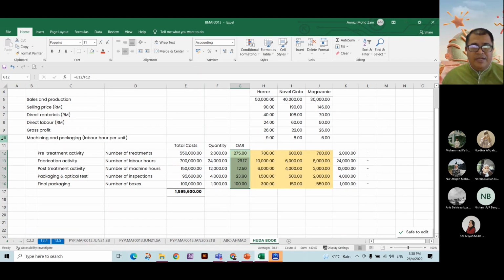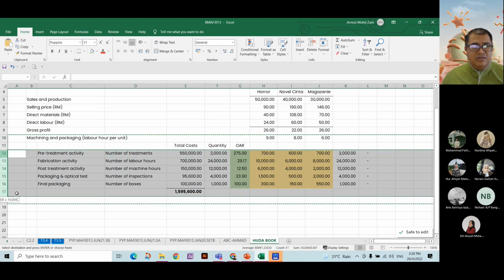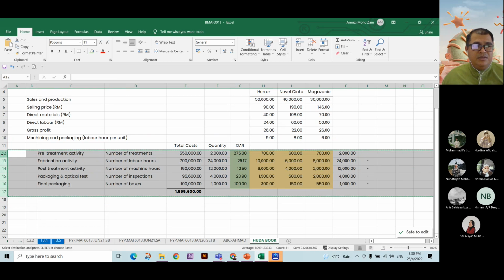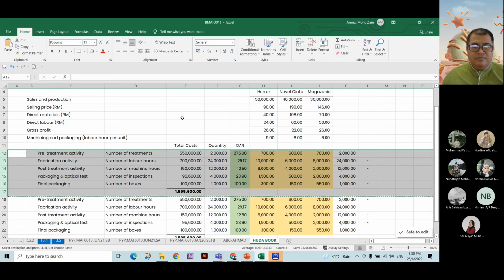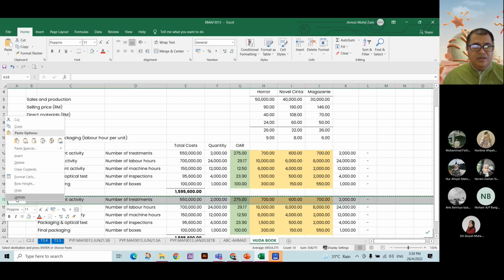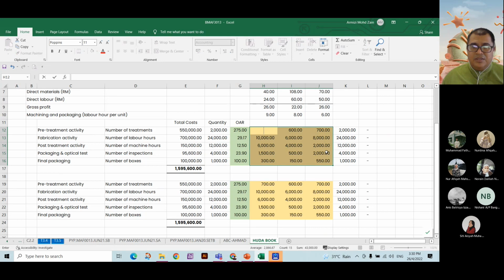So this one kita copy balik. Okay. Kita copy sini sahaja. Okay. Kita insert ke atas. Ya. Jadi kita kosongkan. Sebab macam ni kita nak, sekarang kita nak allocate lah.